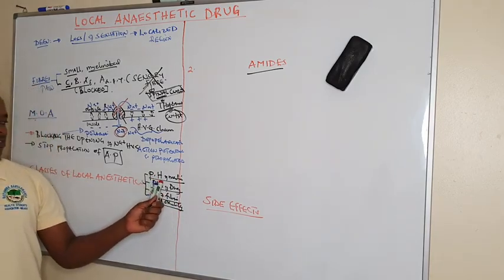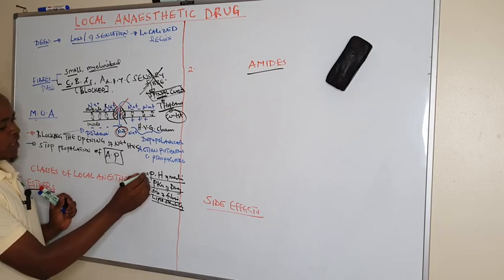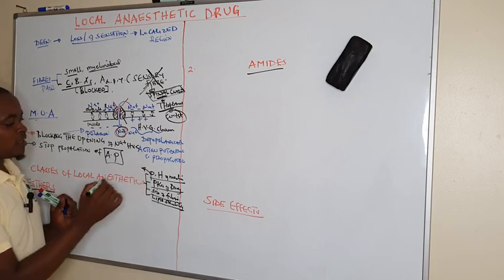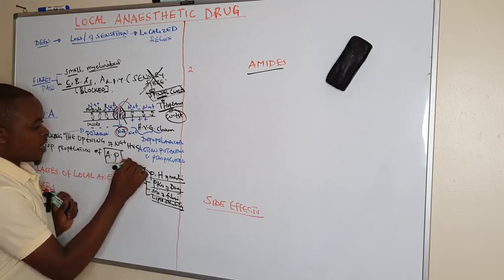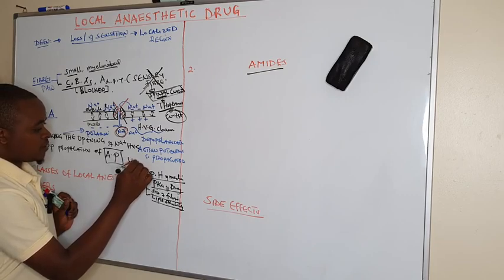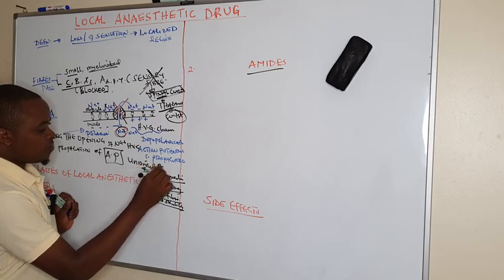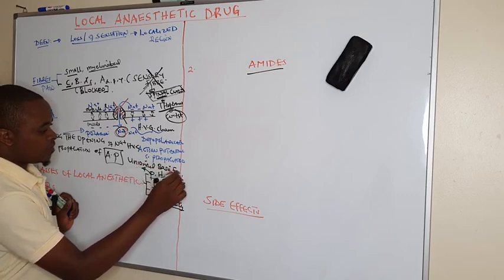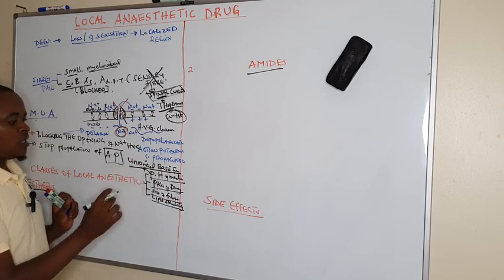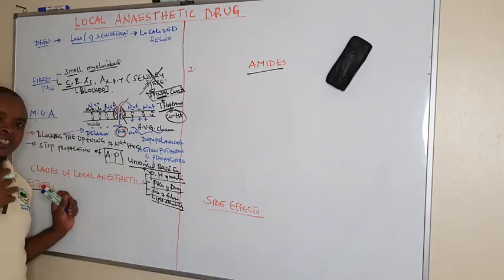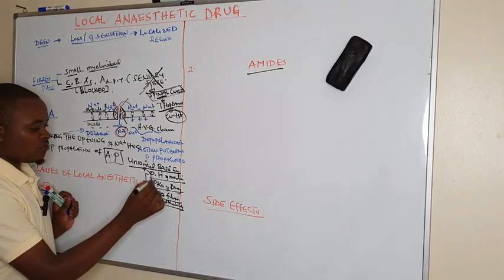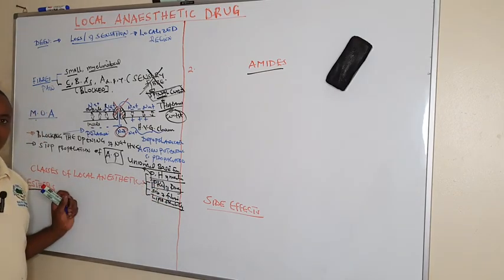That is pH, whereby these drugs are well absorbed and act in an ionized basic form. So meaning when the pH is higher than the pKa of the drug, it will easily be absorbed.